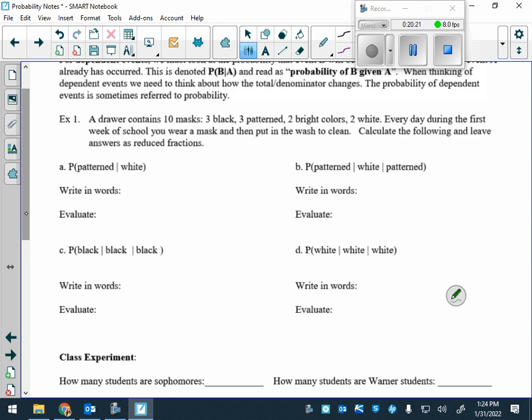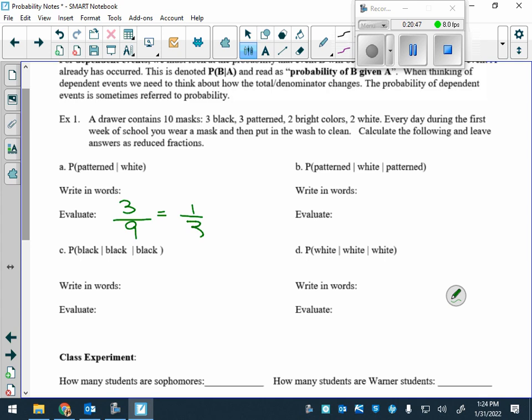Okay. So we have 10 masks in total, right? We have already chosen and selected a white mask. So what is our denominator now? 9. Out of those 9, how many of them are patterned? 3.